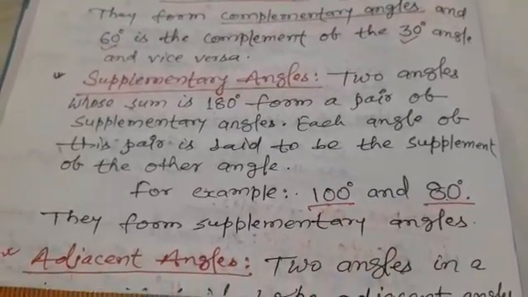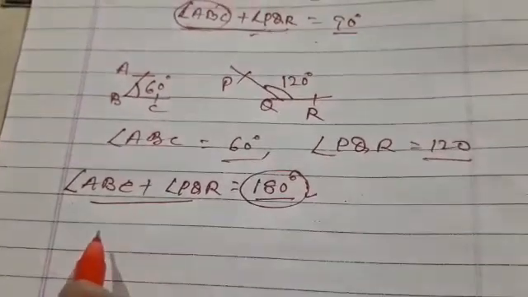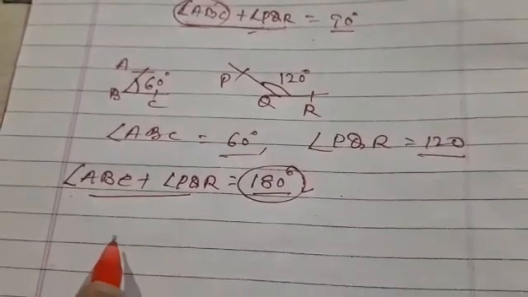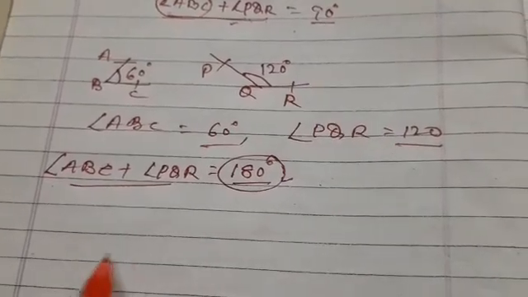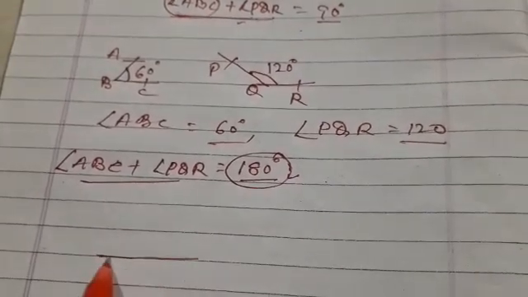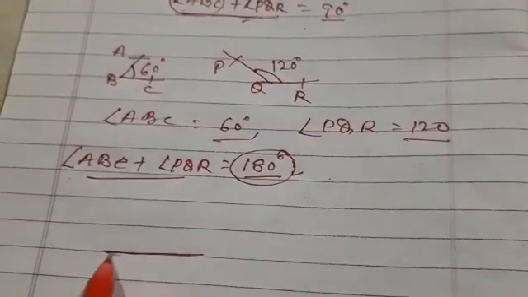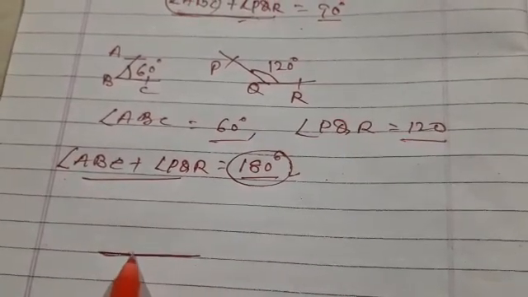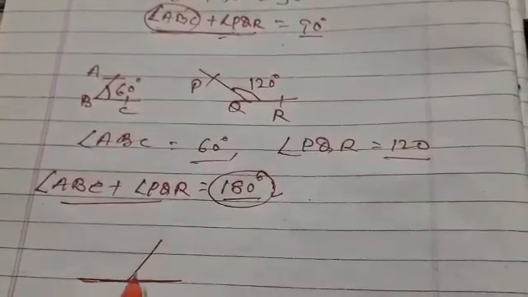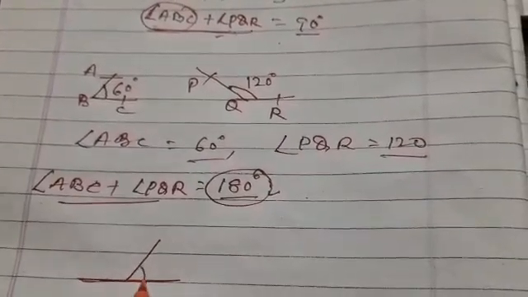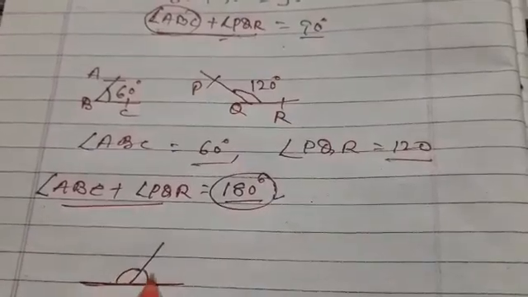Next we see another example, which is pair of adjacent angles. What do you know about adjacent angles? Suppose that it is a straight angle whose value is 180 degree. Suppose that we divide it into two parts. It is first angle and it is second angle.